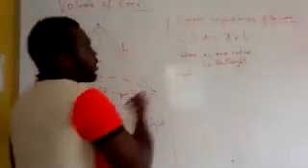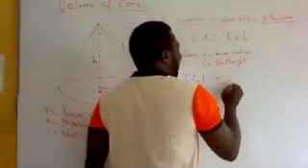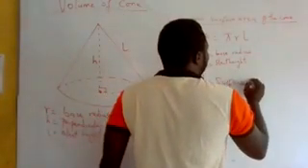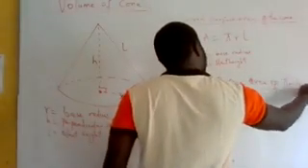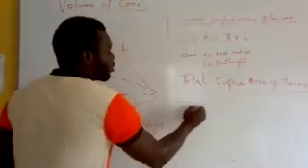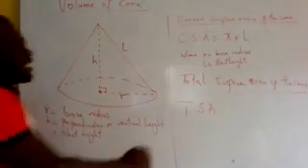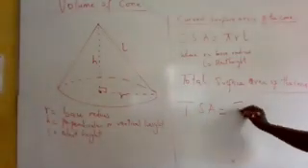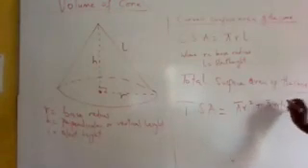So now, we have what we call the total surface area of the cone. In this case, your total surface area, TSA for short, is given as pi R squared plus pi RL.